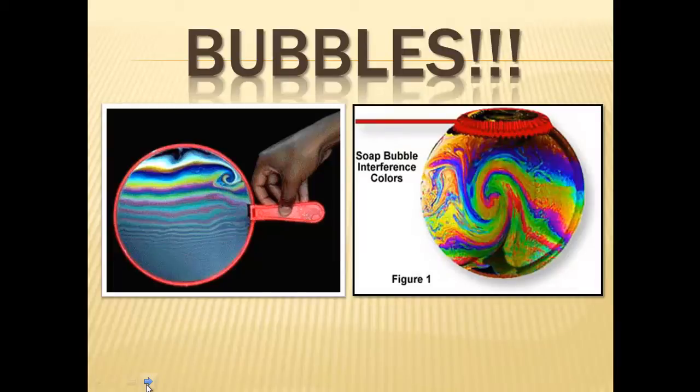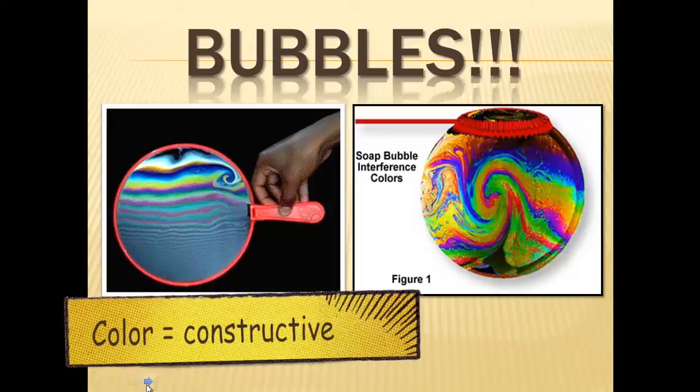If you take a look at the colors, they are the result of light coming through air into the soap. Now, because soap isn't 100% reflective, it's going to reflect a certain portion of light, but it's also going to let a certain portion of light come into the medium and then bounce back.